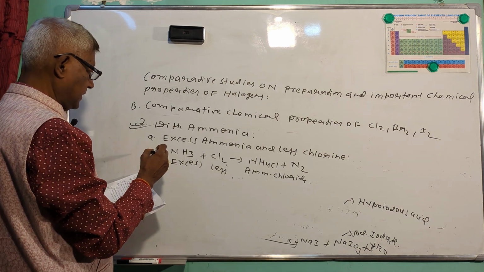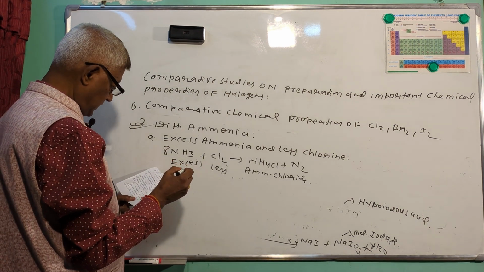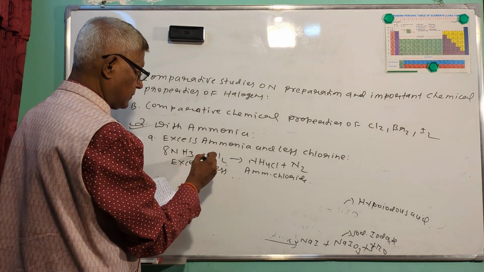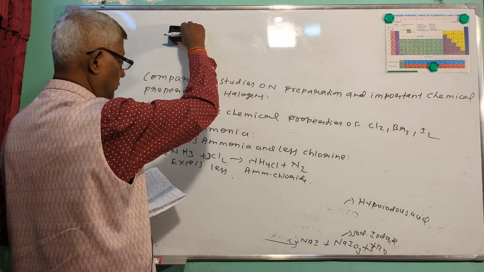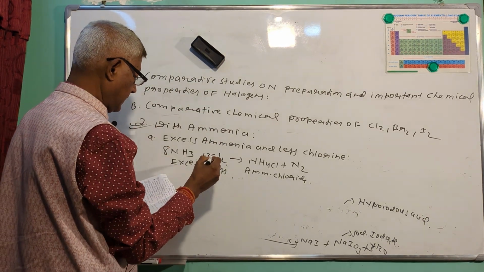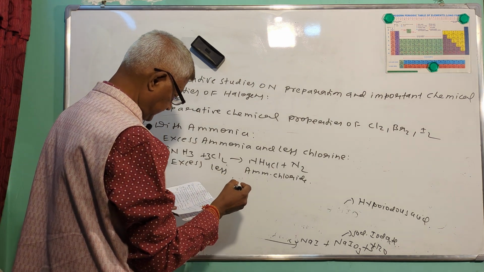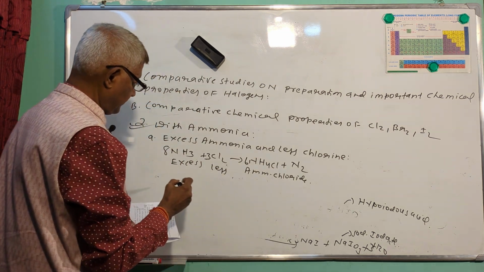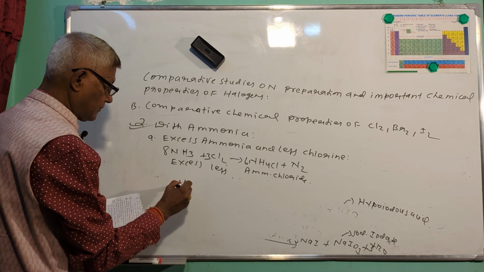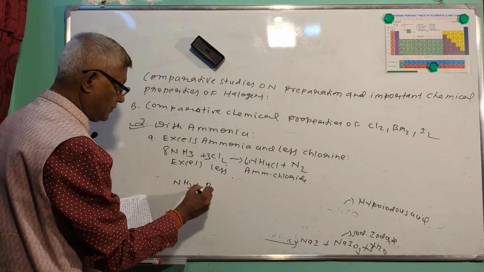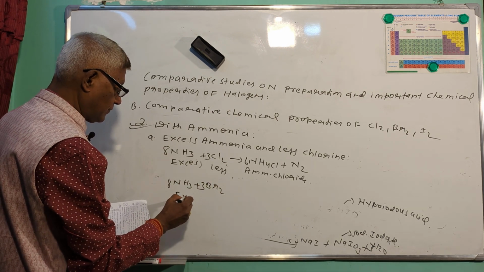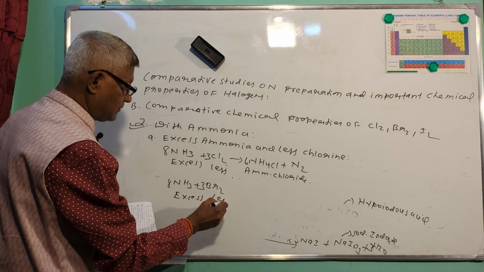Yes, so balancing, let us see what we get. 8NH3, 3Cl2, 6 ammonium chloride, like this. The NH3 and Br2 is the same reaction, excess ammonia, less bromine.